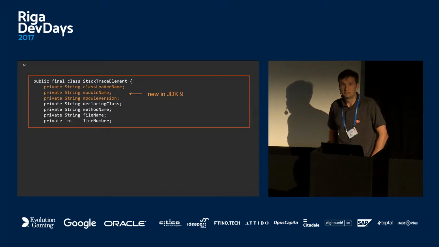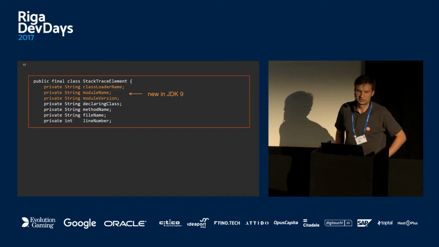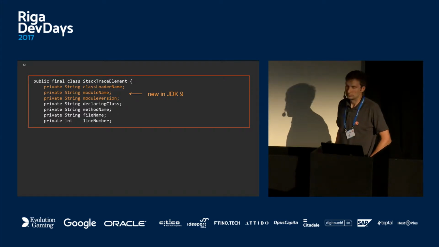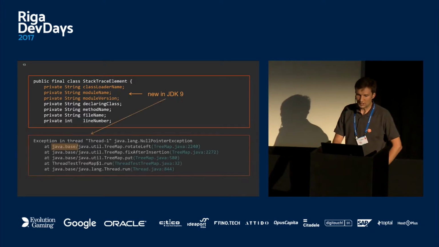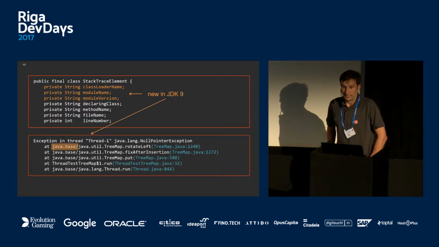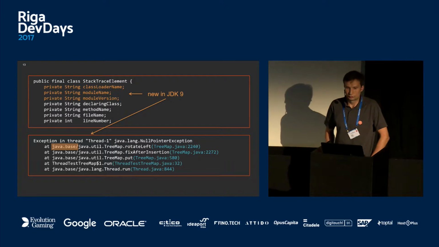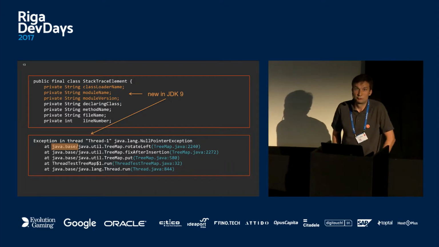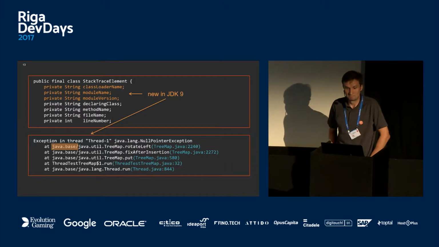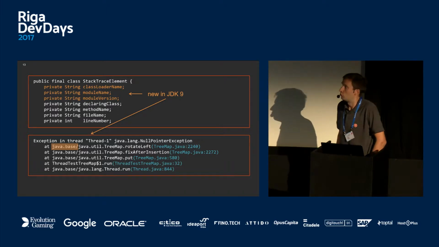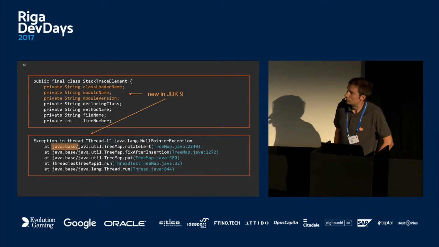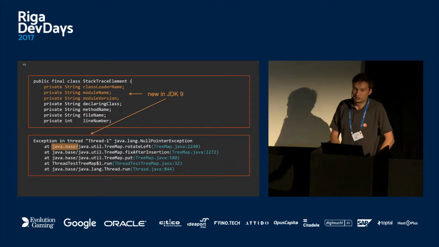Note, there will be even more fields in StackTraceElement in Java 9 related to modules. And here is a surprise for those who parse traces with regular expressions or so on. Be prepared that your parser will be broken because the format has changed in Java 9.